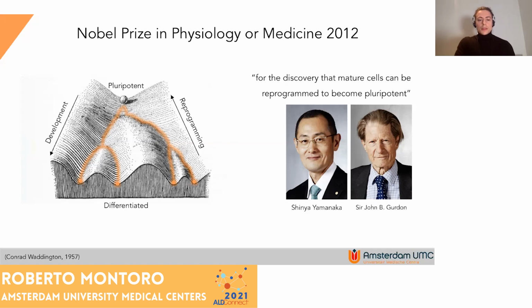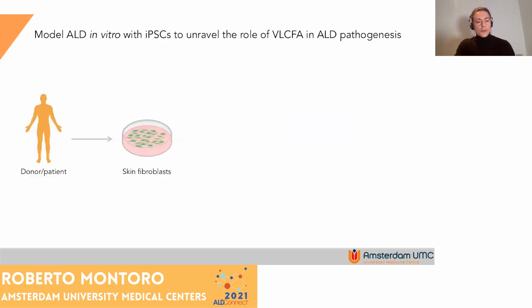But what does this mean, and why is it relevant for our research? Now, introducing the setup: we have cells from donors and patients, usually skin cells or skin fibroblasts. These fibroblasts are the differentiated cell type that we can reprogram into induced pluripotent stem cells, so they recover their pluripotent state. They are on top of the hill that I've just shown you.